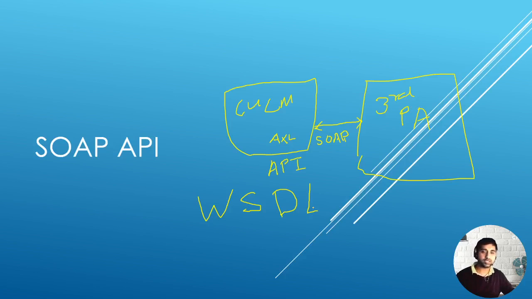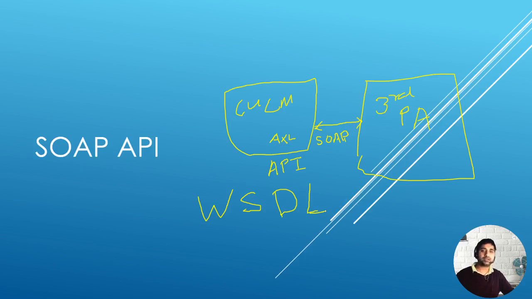Basically, it's used to define the web services. CUCM uses this WSDL file to define the web services, so that external software can call these web services using the SOAP APIs.